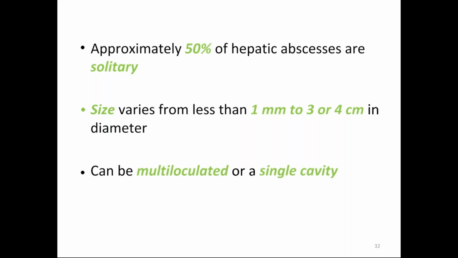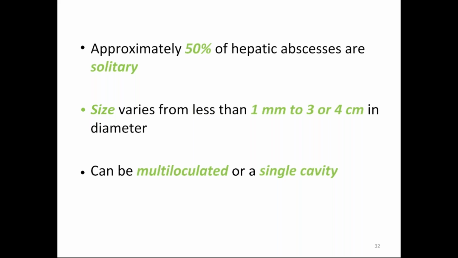What is multiloculated is, within a single abscess, there may be multiple cavities within a single large cyst. That is multiloculated. So whenever you are treating an abscess, be it in the liver or any other abscess present all over the body, always you should break the locules, because if you open and drain an abscess, you will get the pus out, but you don't know how much of the pus is still remaining.